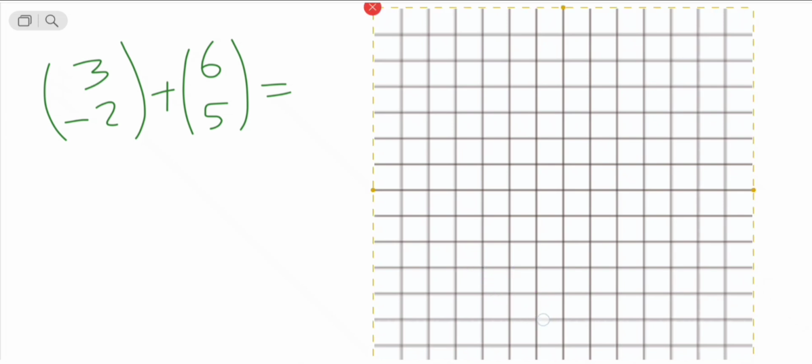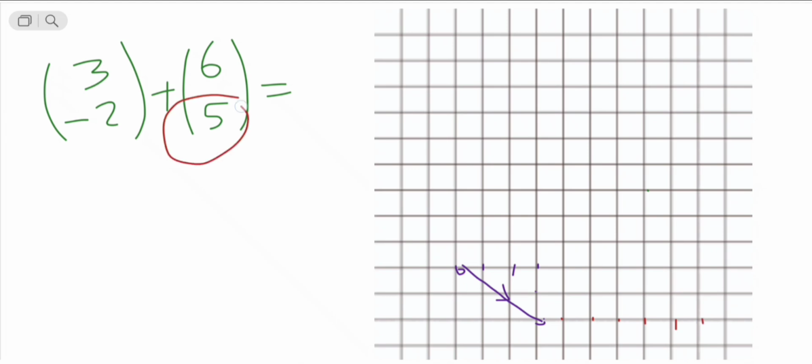Then from here you will start the next vector. Move 6 units right, 1, 2, 3, 4, 5, 6. Then 5 units up, because positive 5, 1, 2, 3, 4, 5. So this is the direction. So this is the ending point of the second. So from the starting point to the ending point, this is our addition.